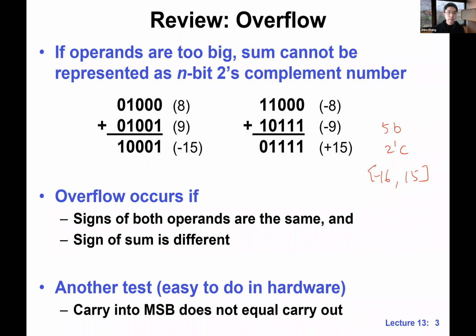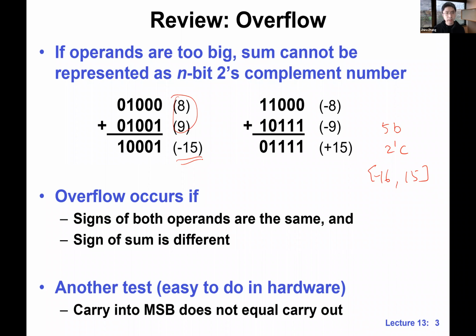Okay, we'll look at this addition. We are adding up 8 and 9. The expected value from decimal addition is supposed to be 17. But since we only have 5 bits, 17 is out of the range. 17 is greater than 15. That's where we are seeing this overflow, this wraparound.